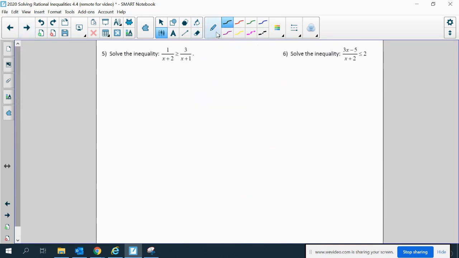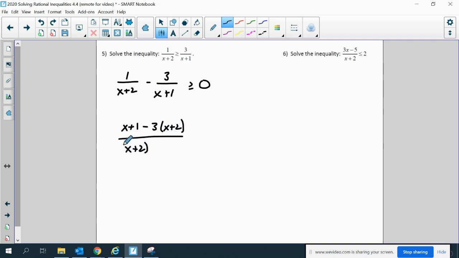So let's do 2 more quick problems. If I subtract this over, I have 1 over x plus 2 minus 3 over x plus 1 is greater than or equal to 0. Then I will get a common denominator. So x plus 1 minus 3 times x plus 2 over x plus 2 times x plus 1 is greater than or equal to 0.